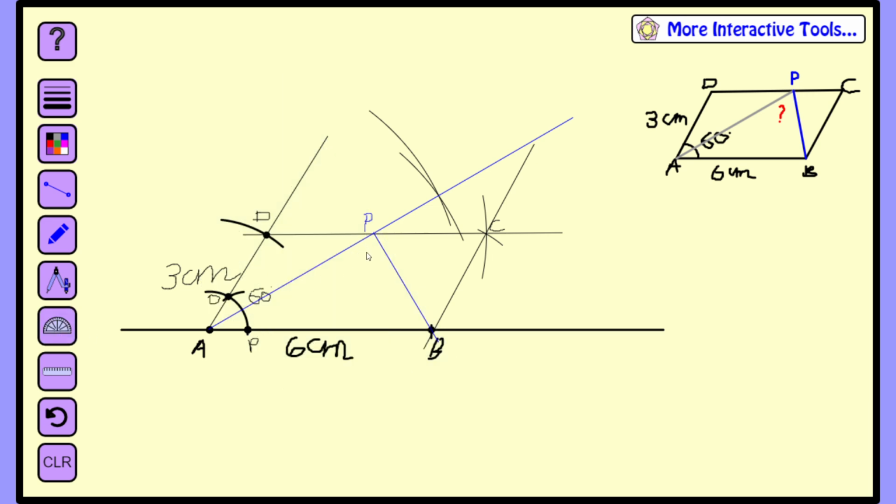Mark it out. You don't need to write it if you are marking it with a small square. Okay, so this is a 90-degree angle. This completes our construction.